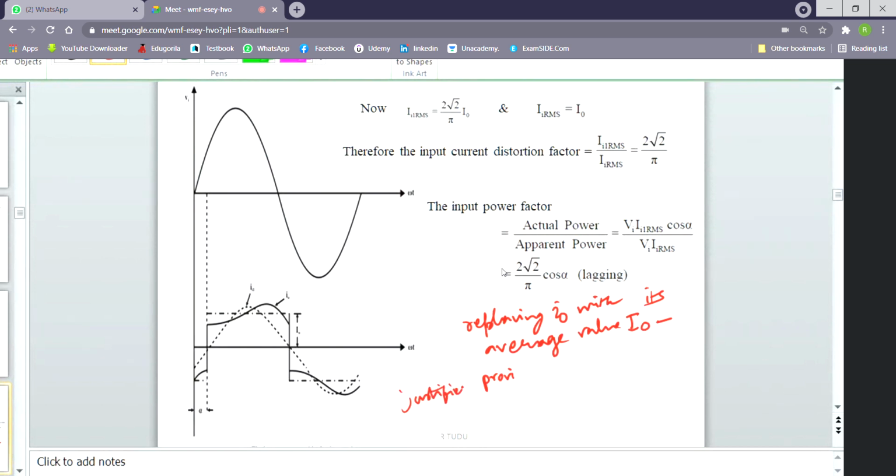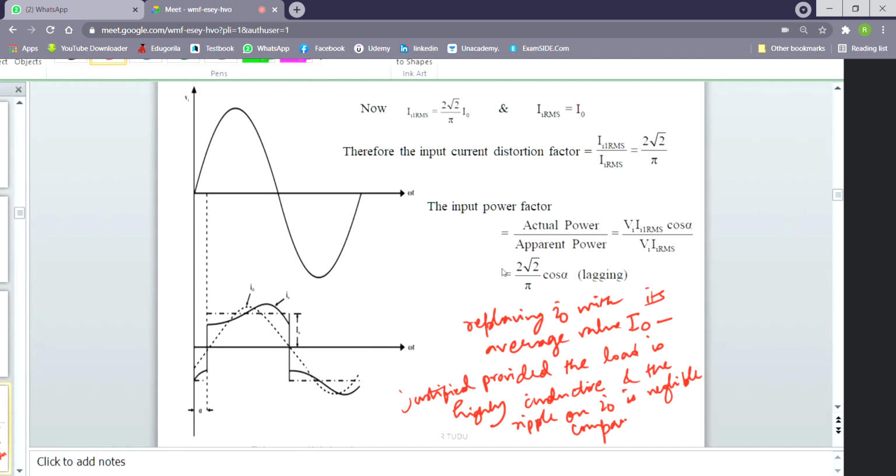Write down: this is justified provided that the load is highly inductive, and the ripple on I0 is negligible compared to capital I0, the average value of I0. We studied the same case for the uncontrolled rectifier as well.